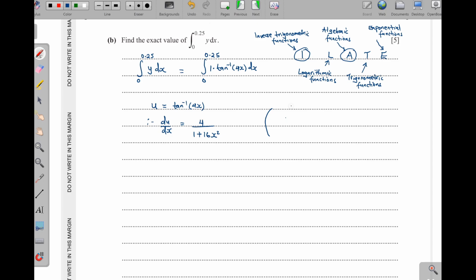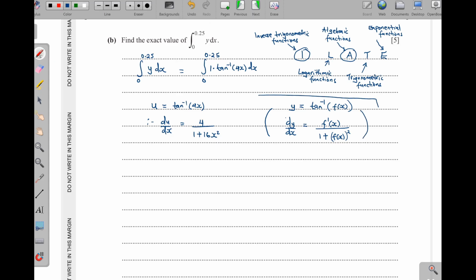If y is equal to arctan of a certain function of x, then dy/dx is going to be equal to the derivative of that function, divided by 1 plus f of x squared.